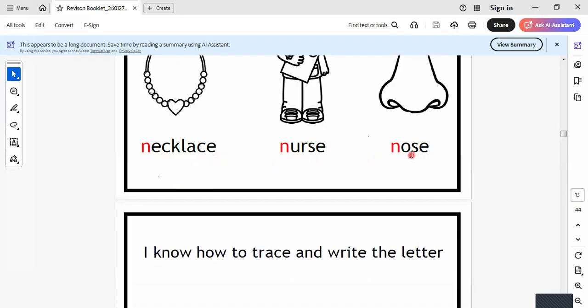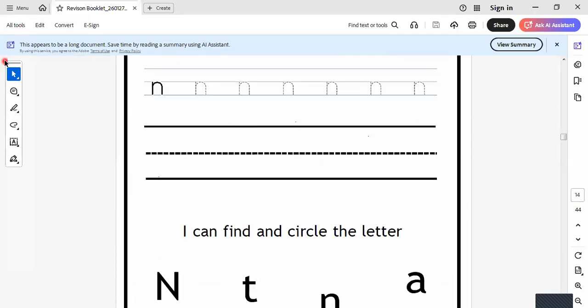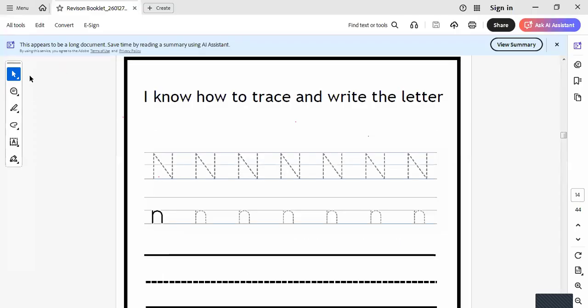Necklace, nurse, and nose. Here is capital N and small n, written like this. I would like to write capital N first of all, written like this. And here is small n written like this. This is capital N and small n, okay?